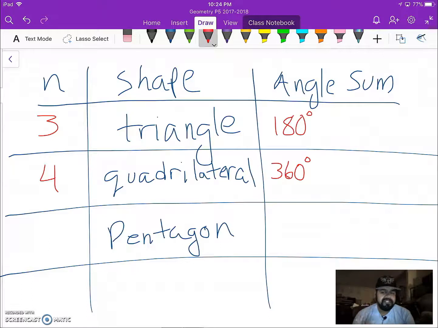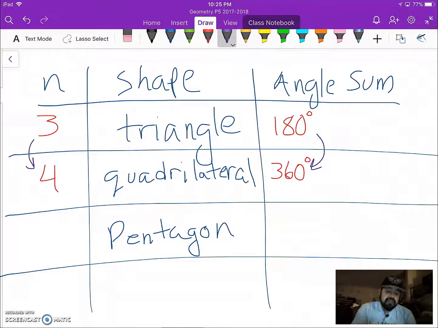So if we start with this simple pattern, we want to try to figure out, hey, how many degrees do all the angles in a pentagon add up to? Well, one thing to note is that if I try to compare the angle sum to the number of sides, each time I increase the number of sides by 1, I increase the degrees by 180.